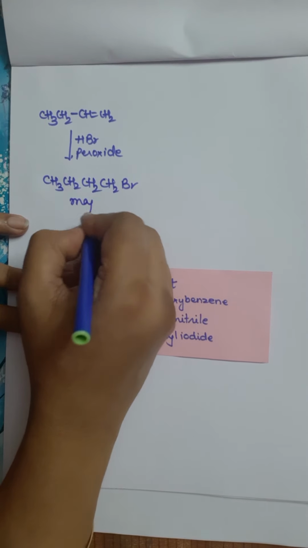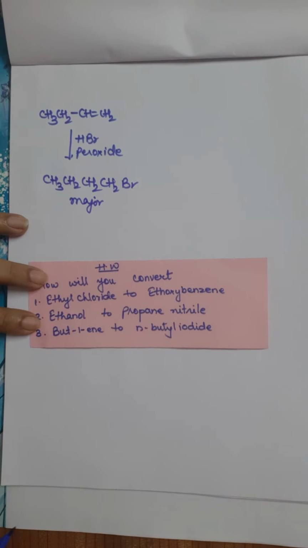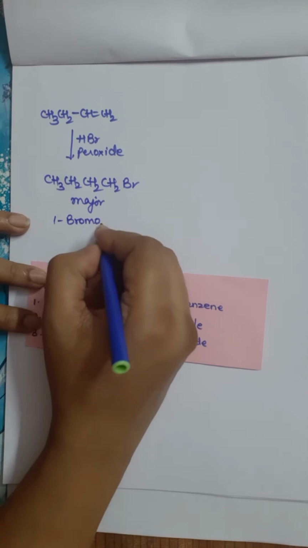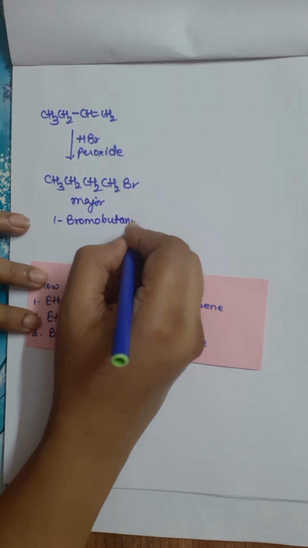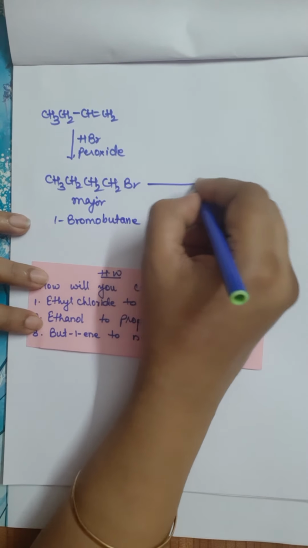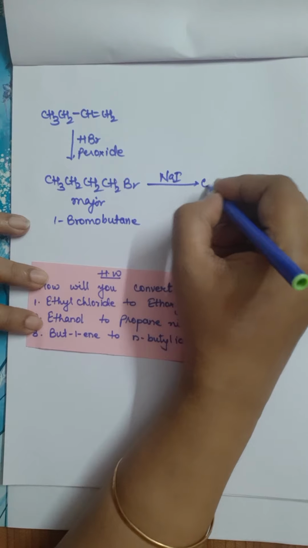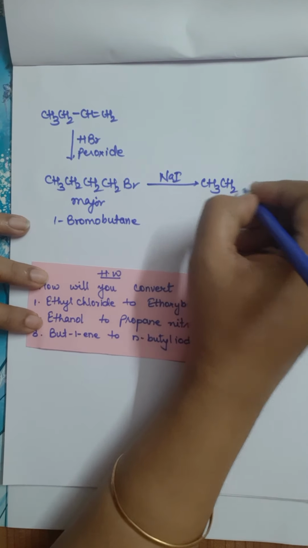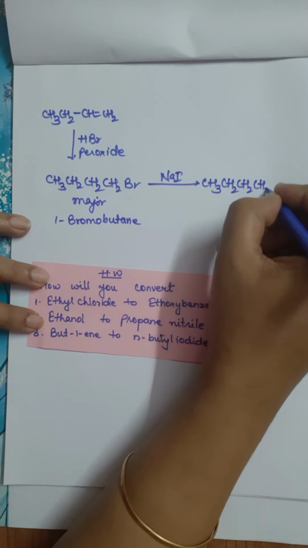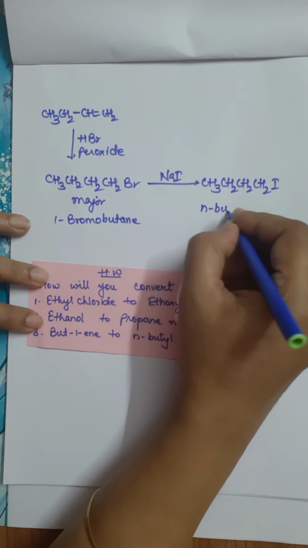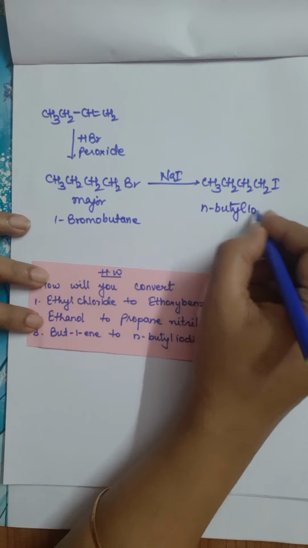This will be the major product that will be formed. So you get here 1-bromobutane, and then this 1-bromobutane reacting with NaI, you are going to get CH3CH2CH2CH2I, that is n-butyl iodide.